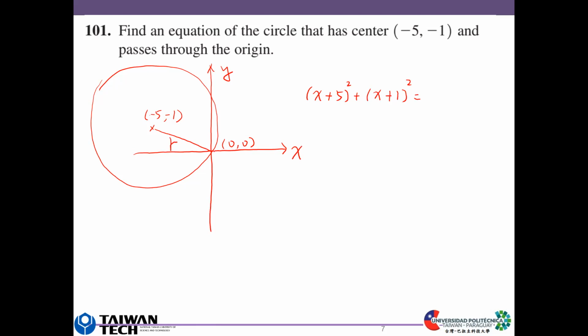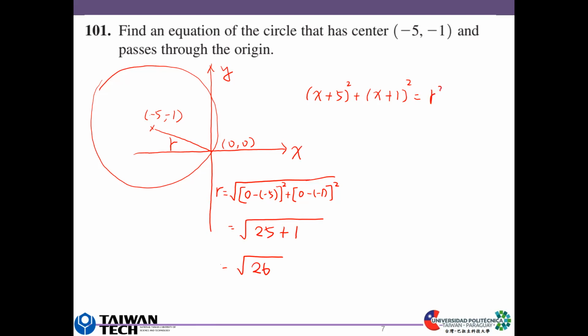R is the distance between (0, 0) and (-5, -1), which is the square root of (0 minus -5) squared plus (0 minus -1) squared, which is the square root of 25 plus 1, the square root of 26. Since this is r squared, it is 26.